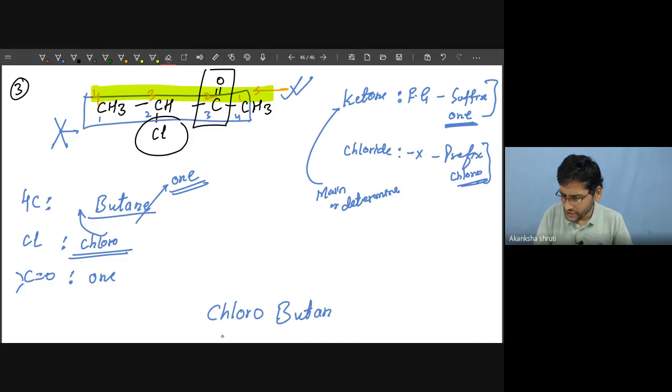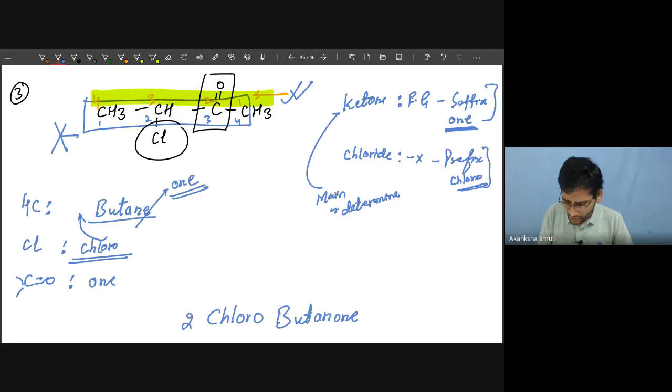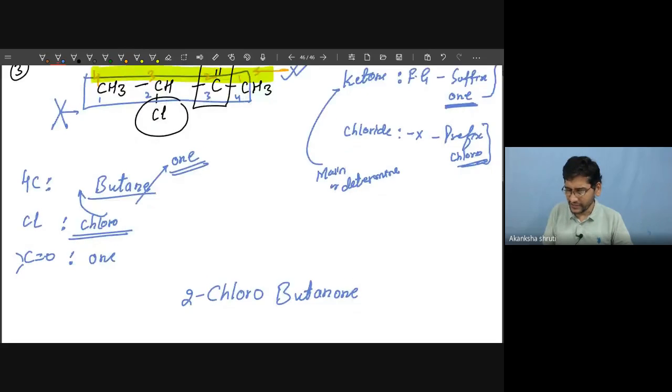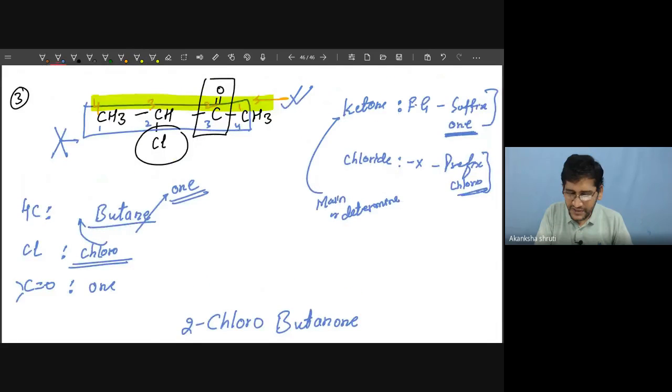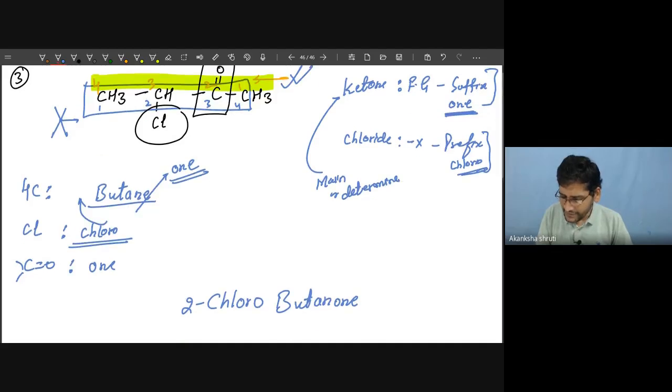So this E should be dropped and ONE should be added here. The position of this chlorine should be indicated before it. And even if this ketone is coming between, then that should also be indicated with its position. So even after this, put a small dash, and put ONE here. This is the complete name.